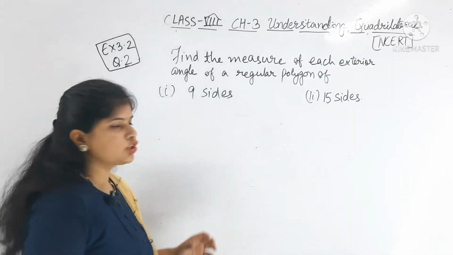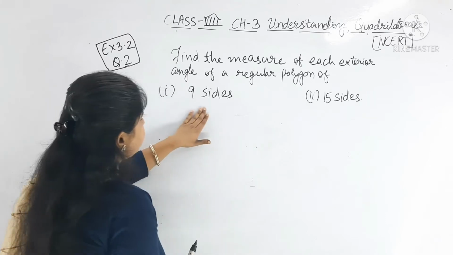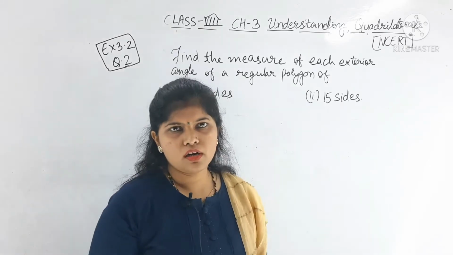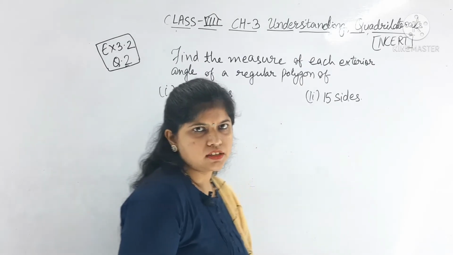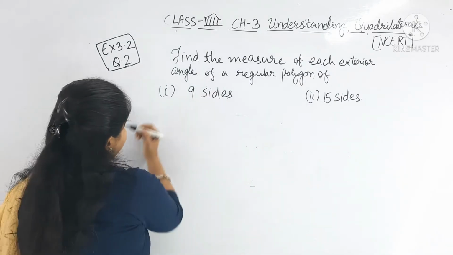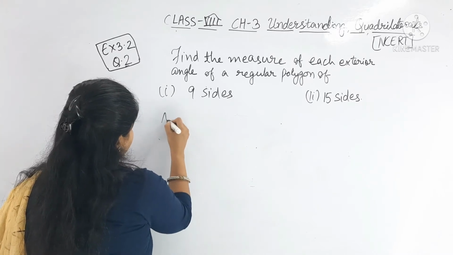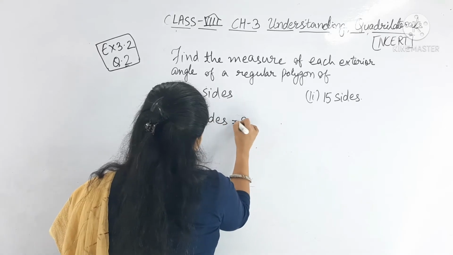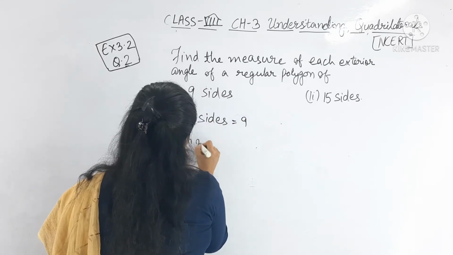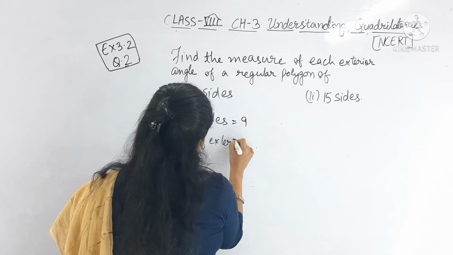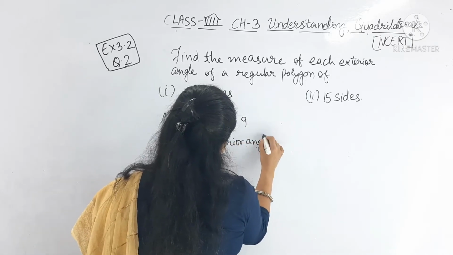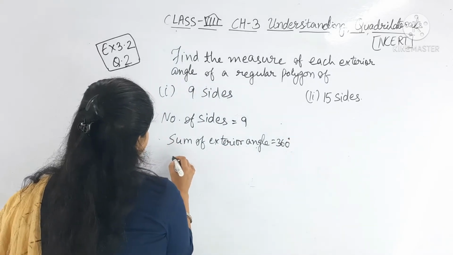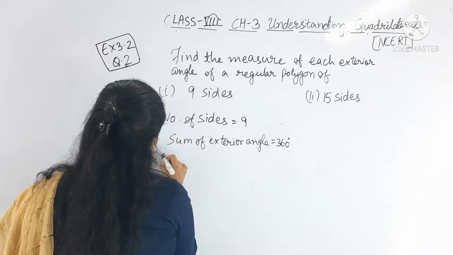Okay students, let's see question number 2 here. Here it is given, find the measure of each exterior angle of a regular polygon having 9 sides and 15 sides. Two parts are there. So first part, 9 sides. So number of sides is equal to 9, and we know sum of exterior angle is equal to 360 degree. Okay, so we have to find each exterior angle.